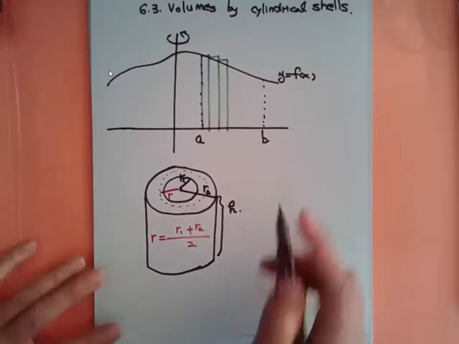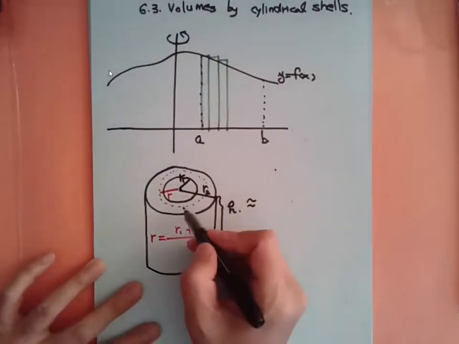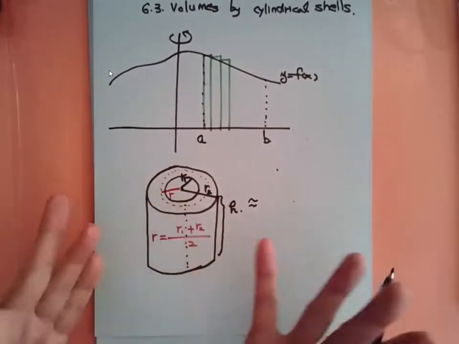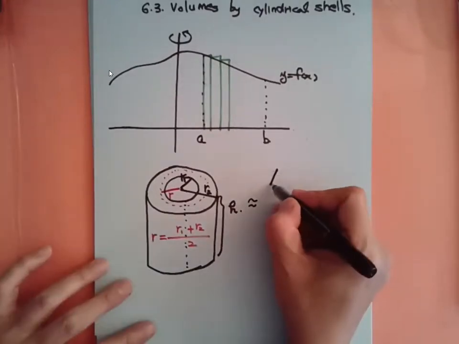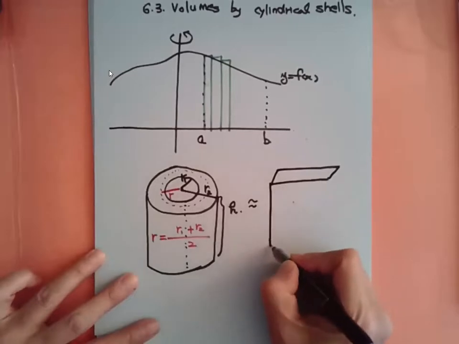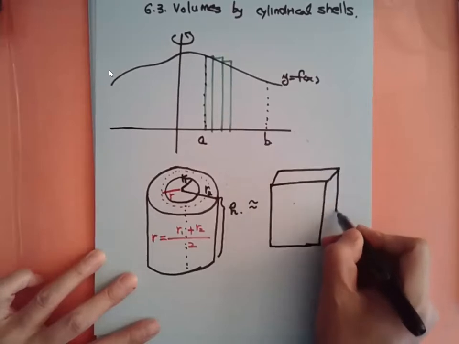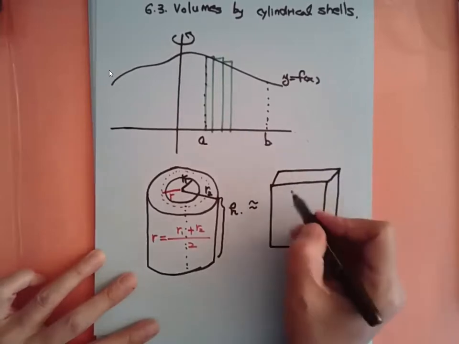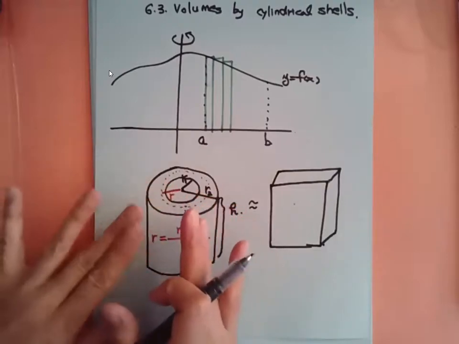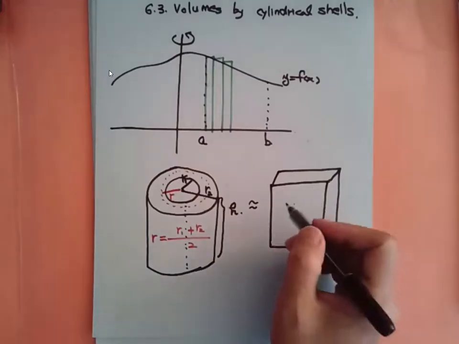We want to think about the volume. When we think about the volume, we just cut vertically like this and unfold the object. Then it'll be something like this. This is just stretching the inside a little bit and shrinking the outside a little bit, and then we can think about the cylindrical object.